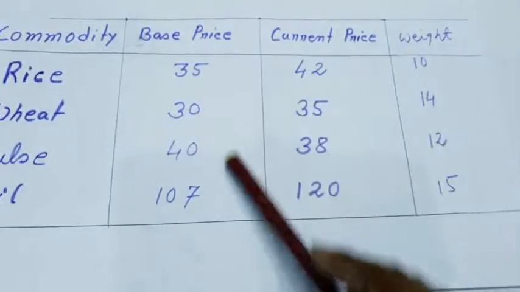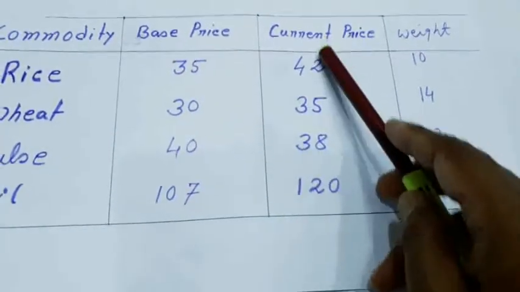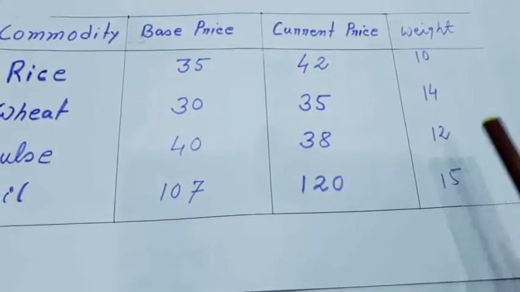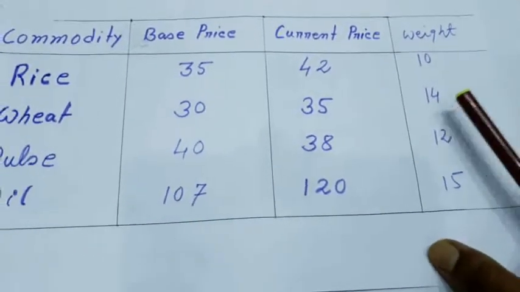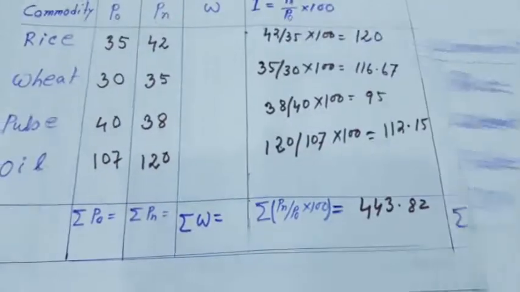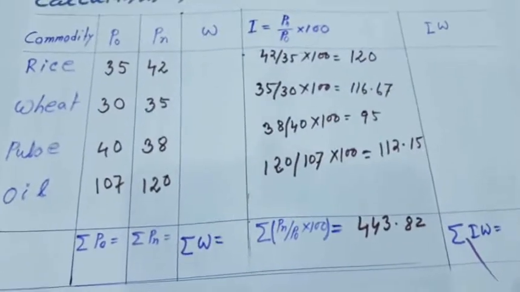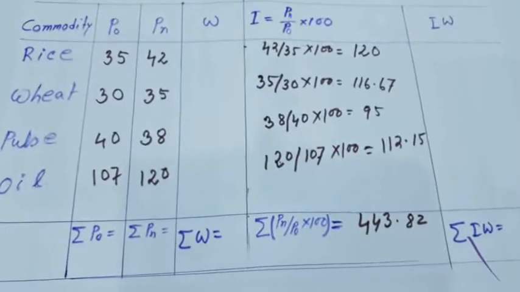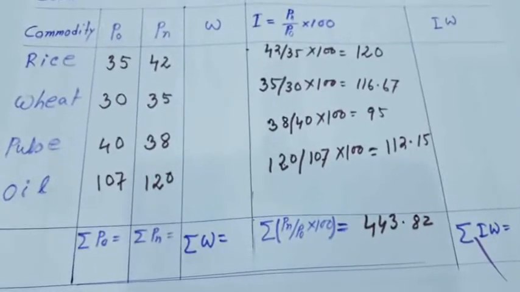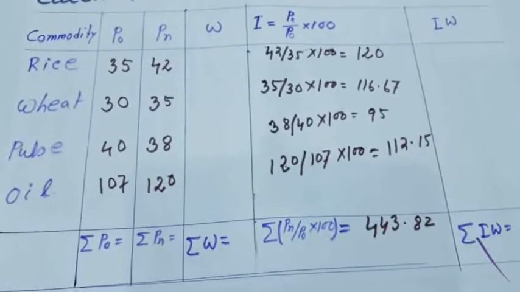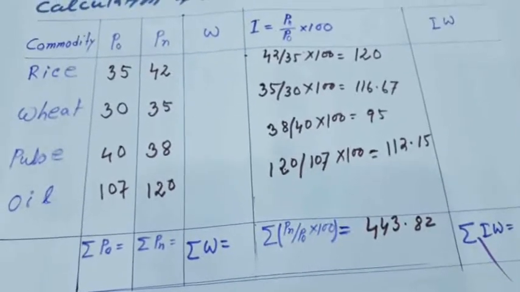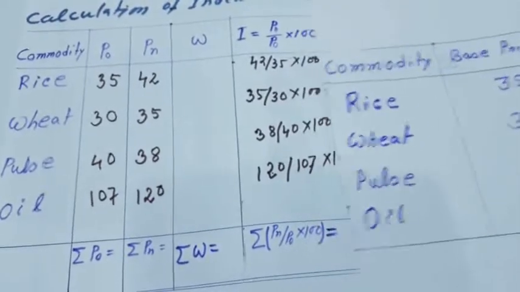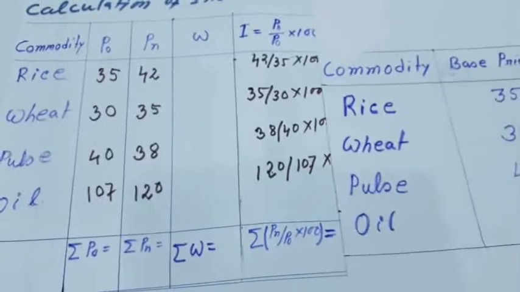This column represents the P0, this column represents Pn, and this column represents weight. Already I have made this table to save your time and to save your mobile data. Now I will put the values required to fill the table.